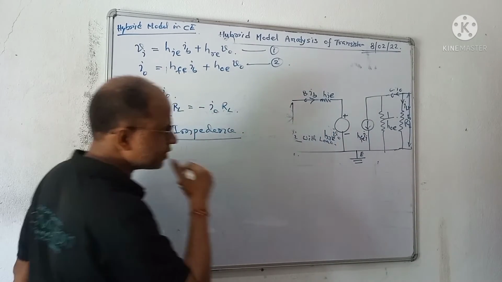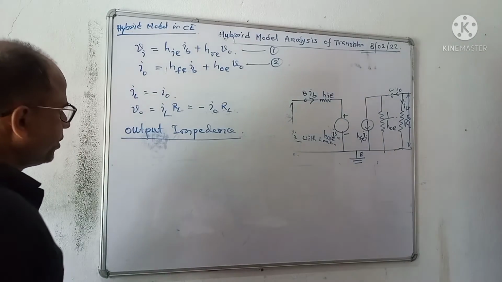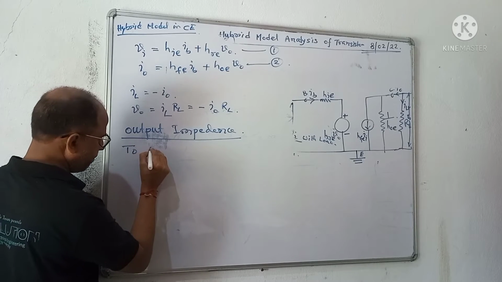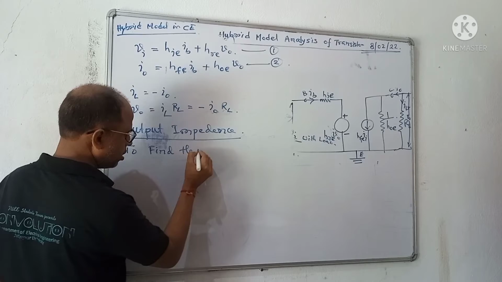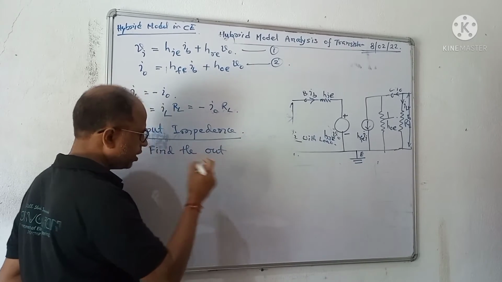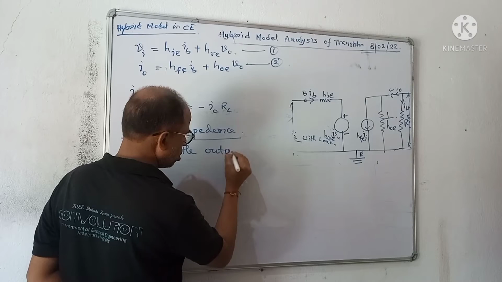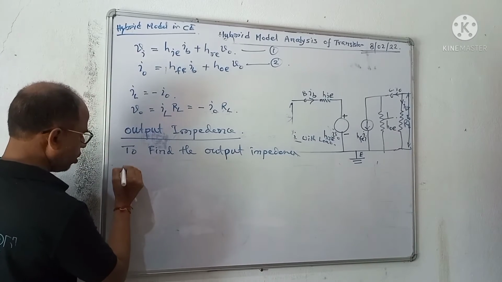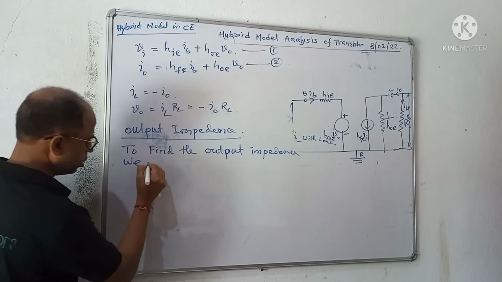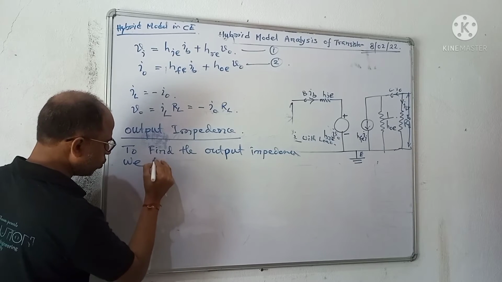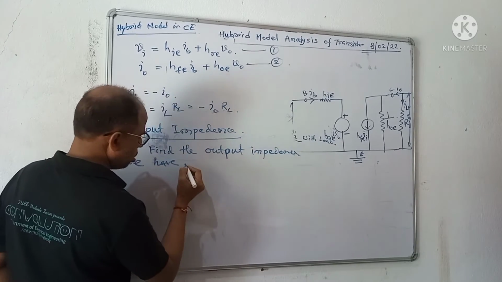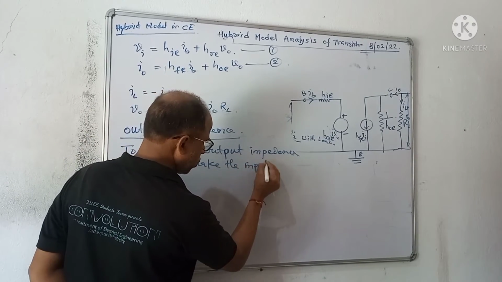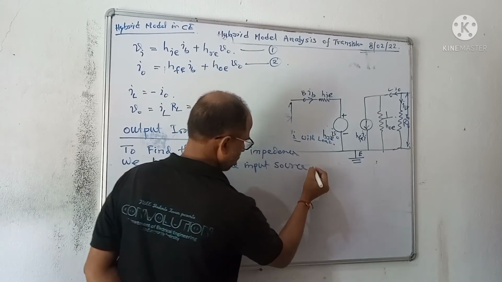From the hybrid model with load. Now, to find the output impedance, we have to make the input source 0.